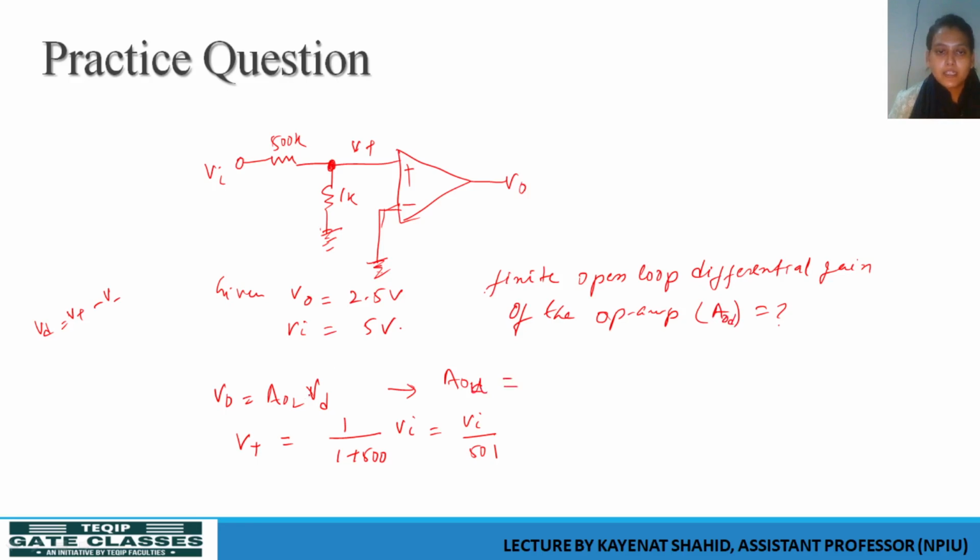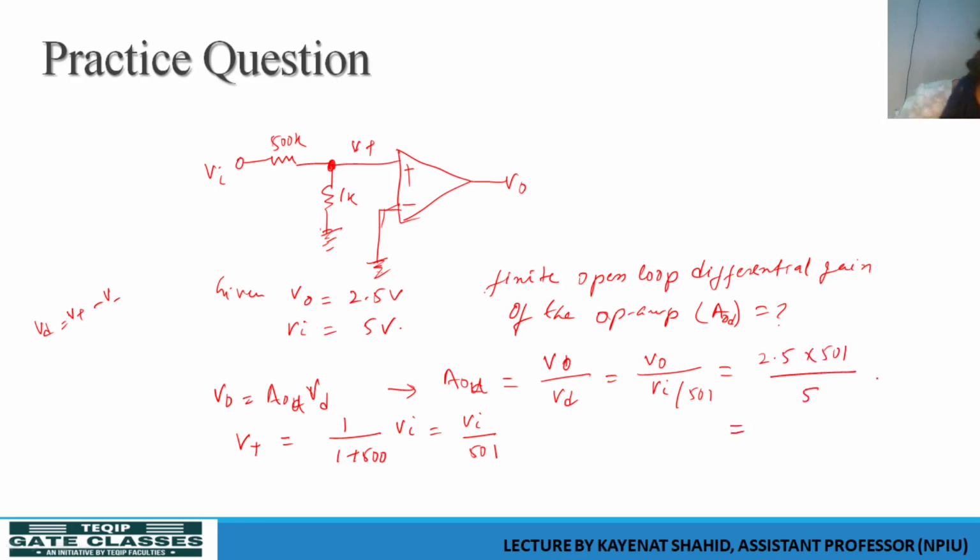Now this open loop differential gain can be written as VO by VD, which is VO by VI by 501. If we put in the values, VO is 2.5 volt, multiplied by 501, divided by 5 volt, and it comes to 250.5. This will be your answer.